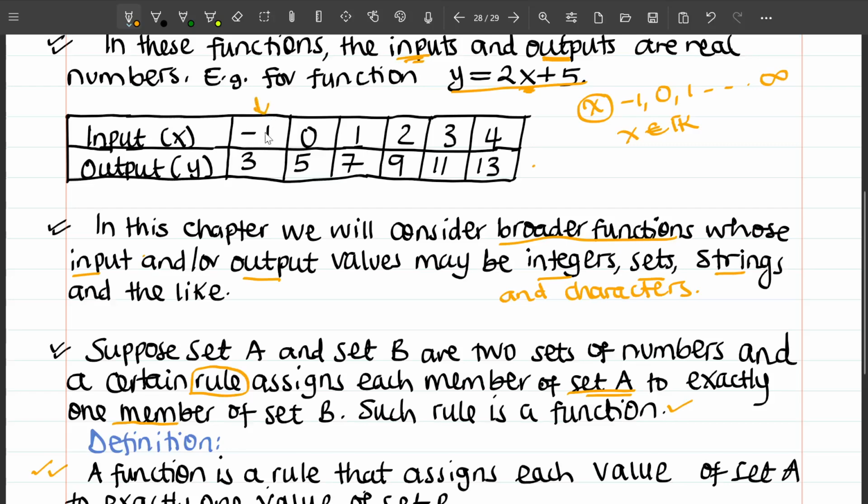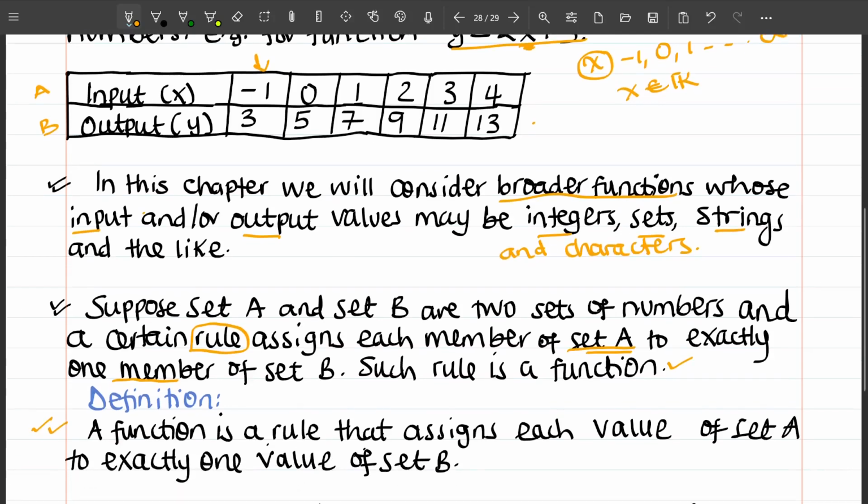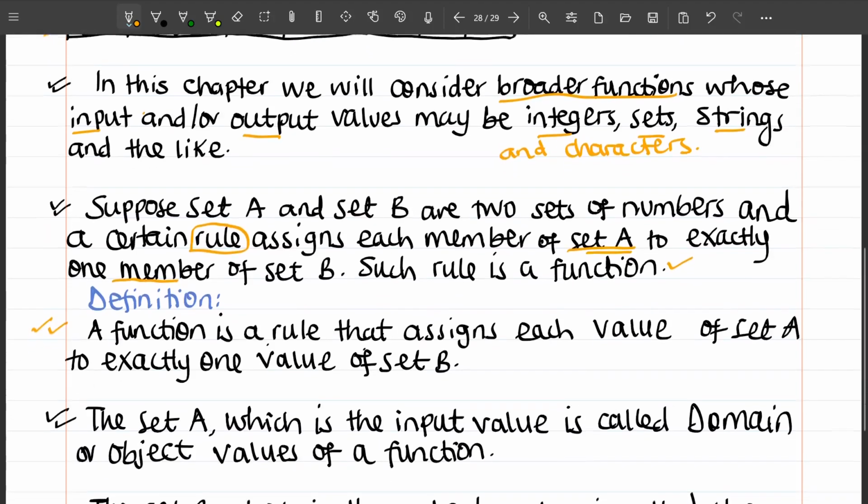If x is -1, a function will assign a corresponding value of y in set B. That rule is what we call a function.